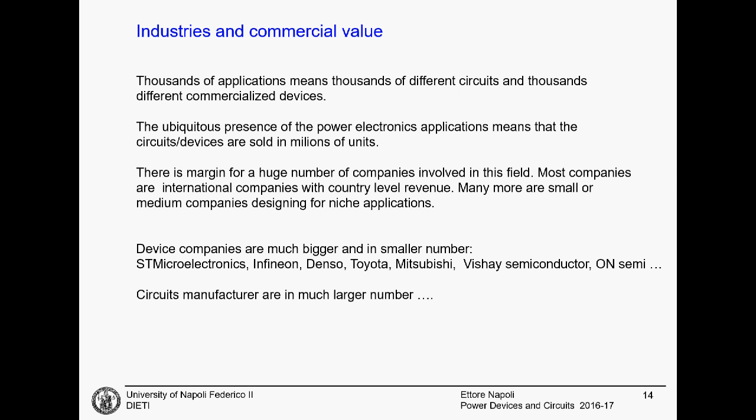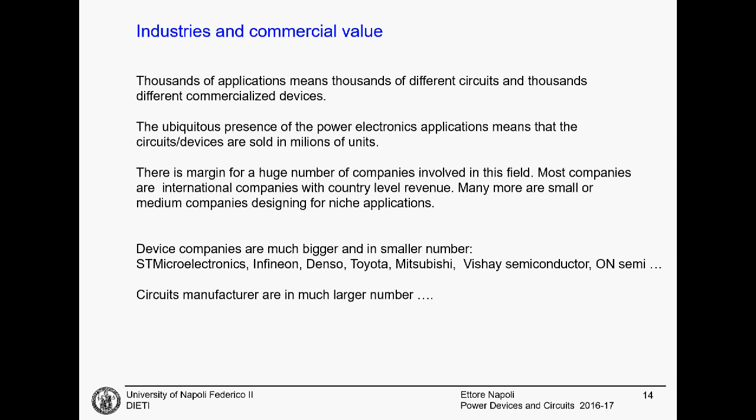This is for circuits. For devices, we enter more or less in that region where you need the semiconductor fabs. You need some facilities, even if you need cheap facilities. You don't need very small resolutions as for digital circuits, so you can do everything with cheap fabs. But nevertheless, these are in a reduced number.